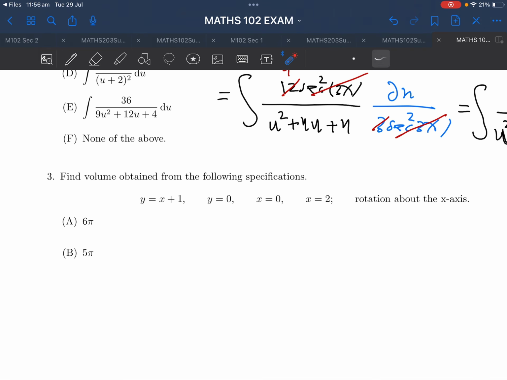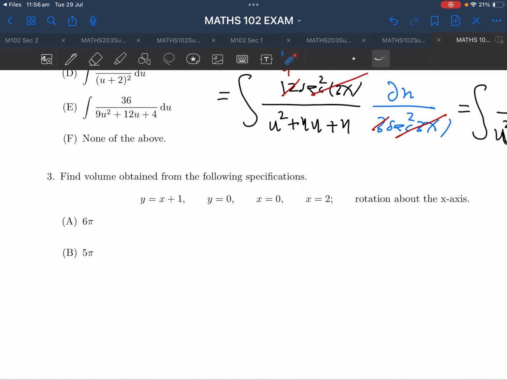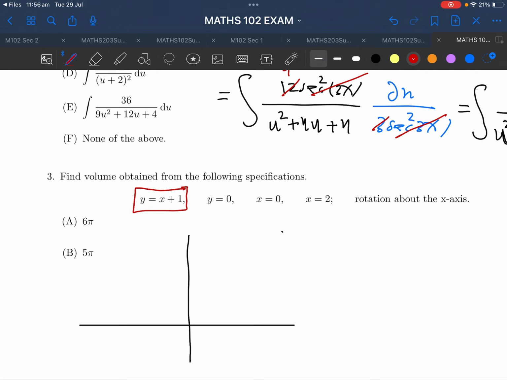Question number 3, find the volume obtained from the following specification. We have to sketch, find the intersection point, and then we will see which method of volume we need to use. So if we sketch, that would be an easy sketch. Well, first of all, y equal x plus 1, if x is 0, it will start with 1.